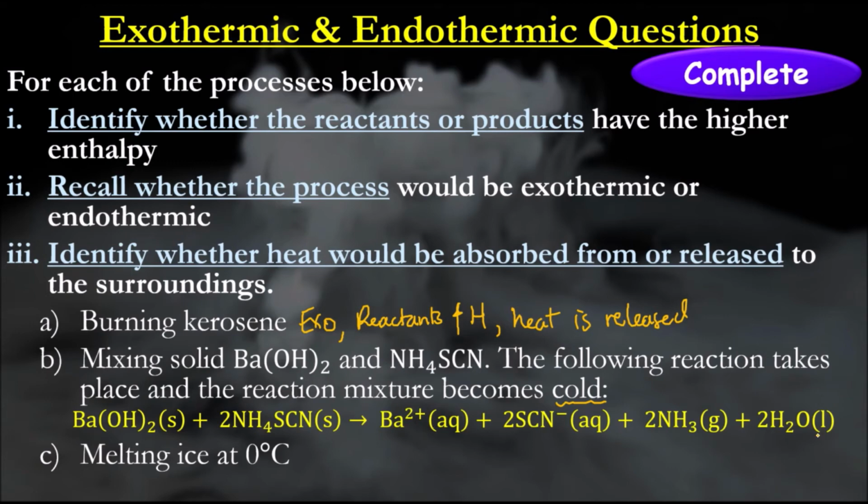So it's not as clear cut whether you have an overall endothermic or exothermic reaction. In order to look at that, you'll need to calculate enthalpy change, or you can also look at the type of temperature change that occurs in the reaction. In this case, because we have a reaction that becomes more cold, we can safely assume it's endothermic, which means that the products have a higher enthalpy, and we can conclude that heat was absorbed.